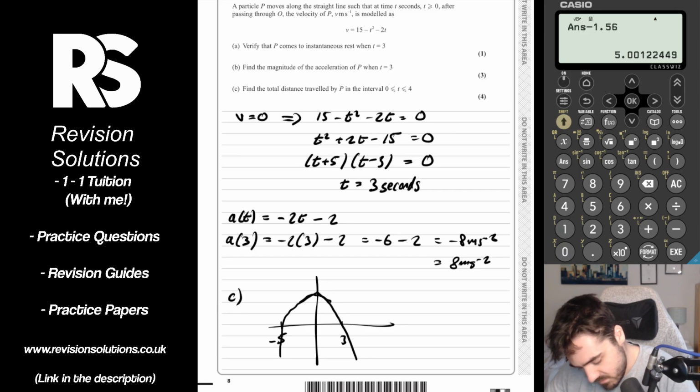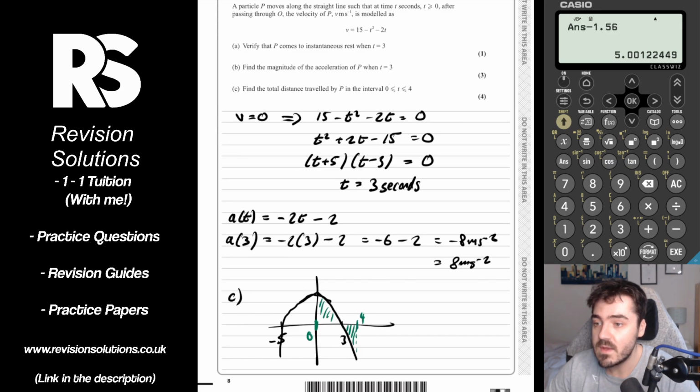Not very well drawn, but you see what I'm trying to do. And actually, this is a problem now, because over the interval from 0 to 4 that we're interested in, some of that area is negative. So we need to evaluate the positive and negative area separately if we don't want them to cancel out to give us displacement instead of distance.